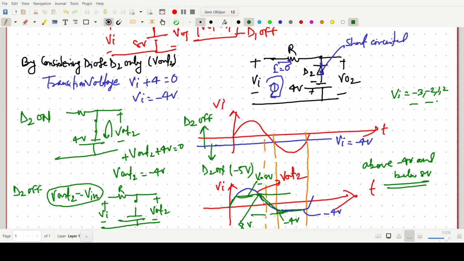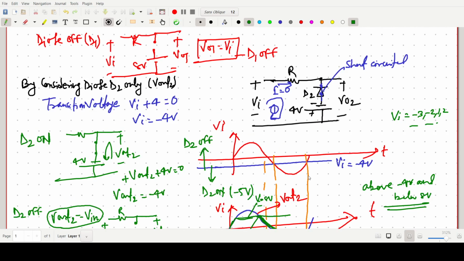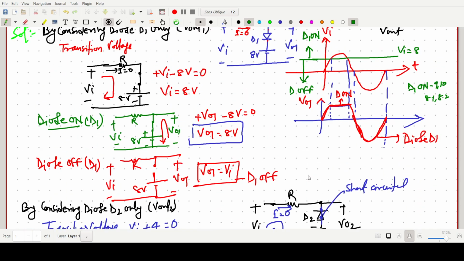So this one is the sine wave that the double diode clipper circuit passes as the result. The same thing here: this one is due to D1, the output of D1. And for D2, what should the output be? Due to D2, this type of thing, this one due to V output 2.